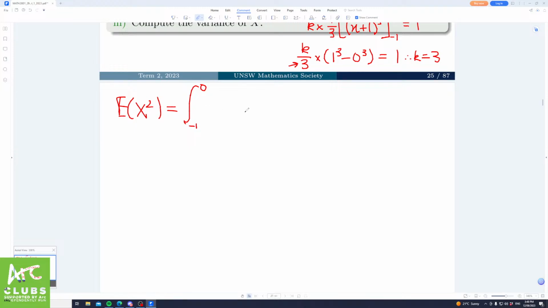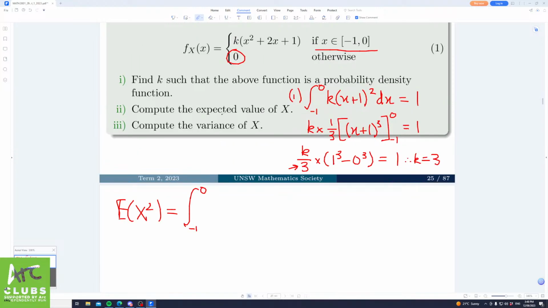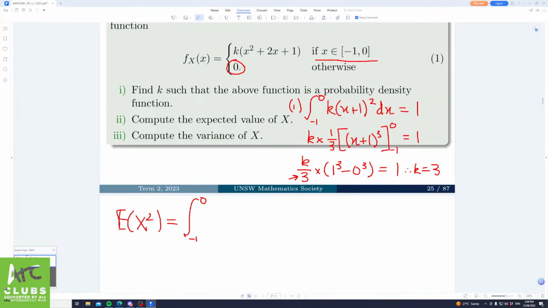And now it's not x times the PDF, it's x squared times the PDF. Now the PDF has that k factor at the front, which we know is 3. So we can take the 3 out the front already. And we just need to multiply this part by x squared. And that would just be x to the 4 plus 2x cubed plus x squared.